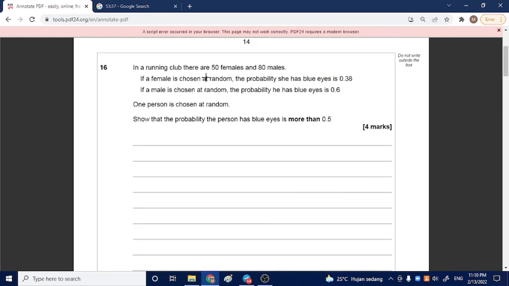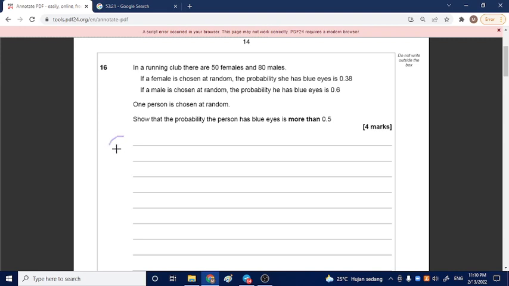Running club. If a female is chosen at random, the probability that she has blue eyes is 0.38.